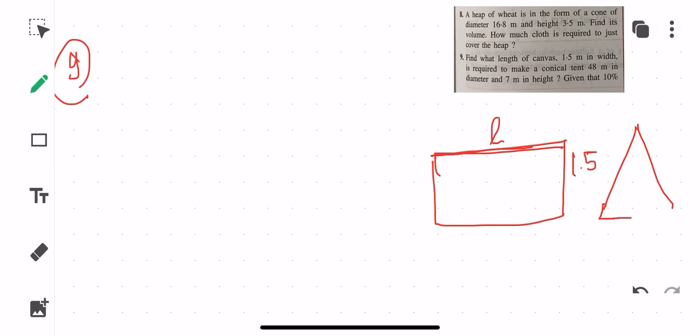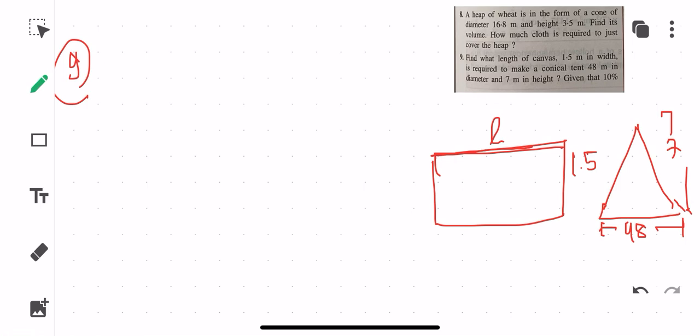And what is the size of this conical tent, children? 48 meter in diameter and 7 meter in height. So I will be taking this as 7 meter and the diameter is equal to 48 meter. You have to form this particular cone with the help of this canvas, and it has been given that 10% of the canvas is used in folds and stitching.